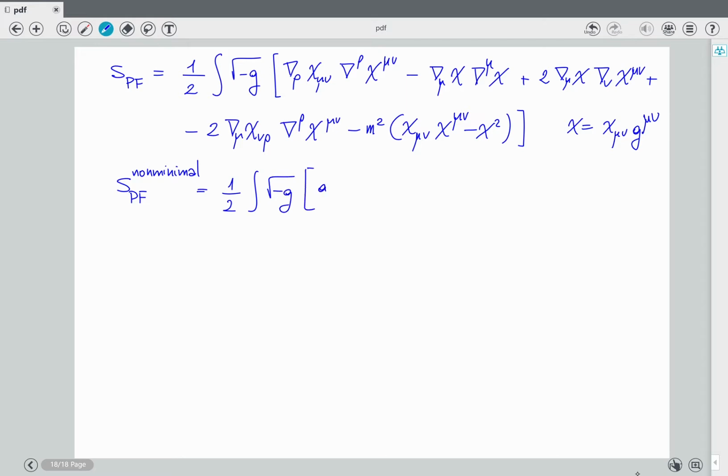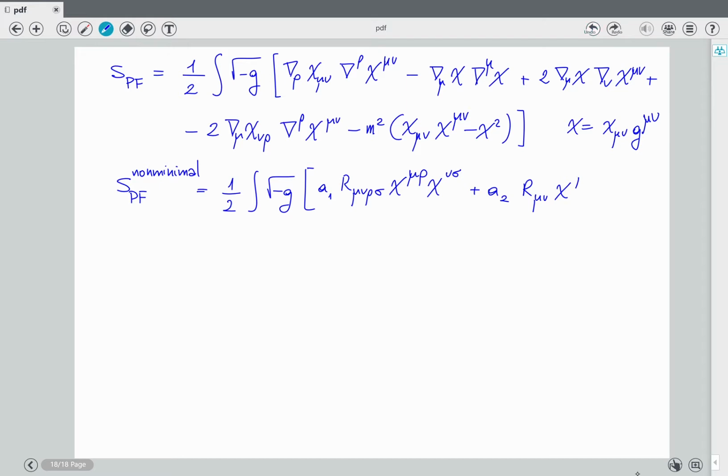So you may have a constant times R, the Riemann tensor, mu rho sigma, contracted with chi. Since chi is symmetric, it can only be contracted mu rho nu sigma. Cannot contract with the mu nu. Plus a2, there is a non-minimal term with Ricci.